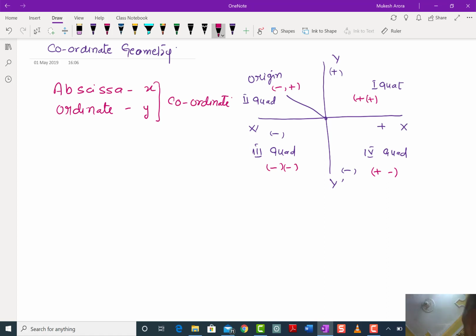So far as drawing is concerned, you are well aware of how to draw the coordinates on the graph. So this is what I have to tell you only, I think.